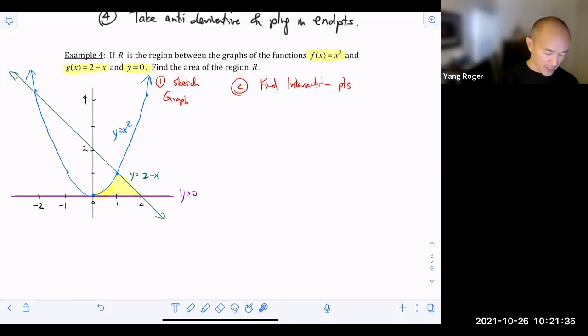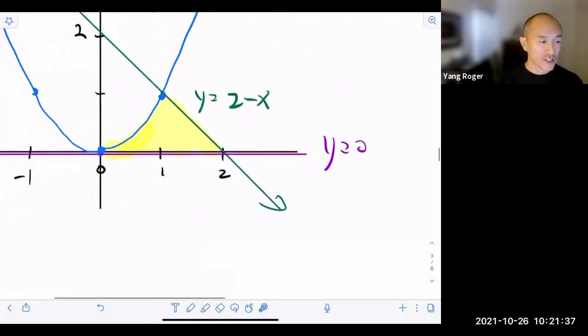Or let me back up a sec. What's interesting about this problem? Well, I hope we can all see that the region of integration is going to be from 0 to 2. That's because I drew a decent looking graph.